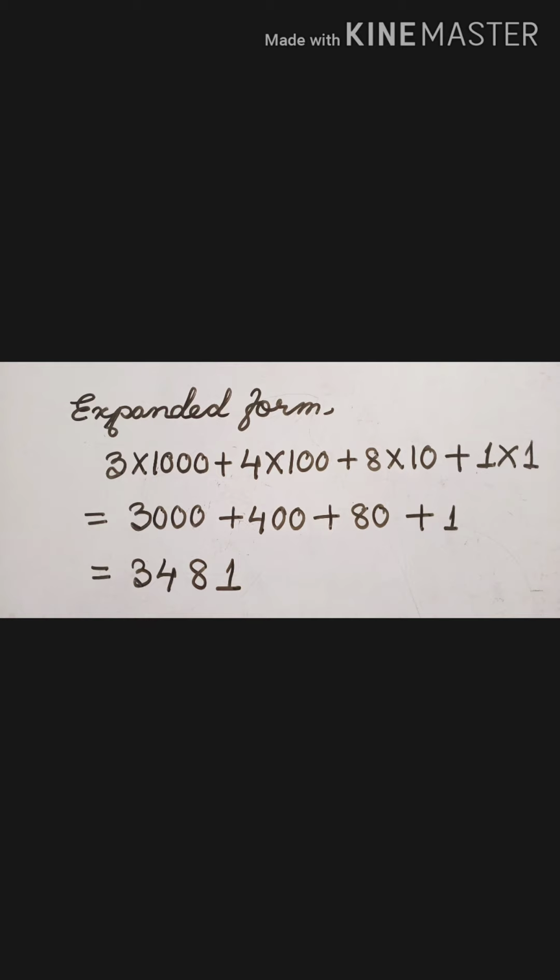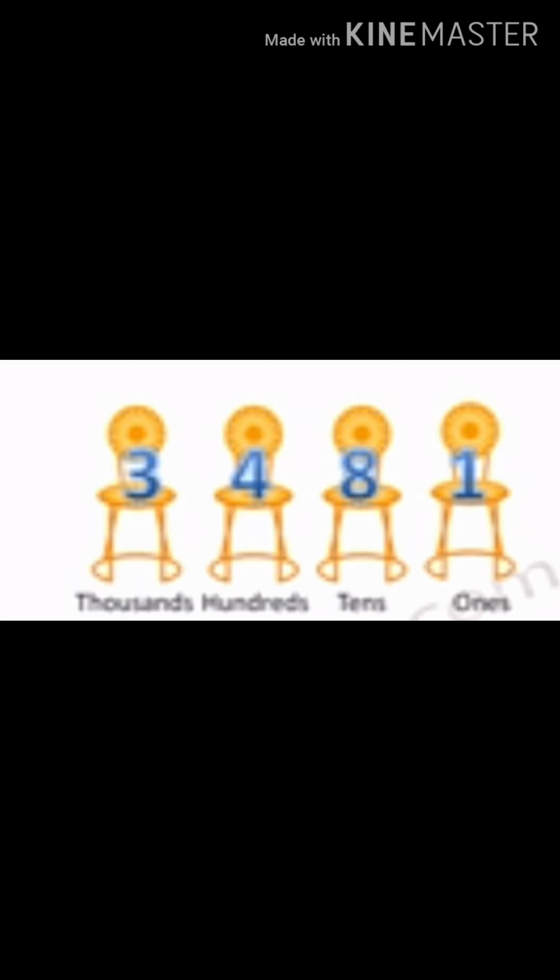Similarly 8 into 10 and 1 into 1, because 1 is sitting in the ones place. When you add all these together, 3000 plus 400 plus 80 plus 1, together it is 3481.